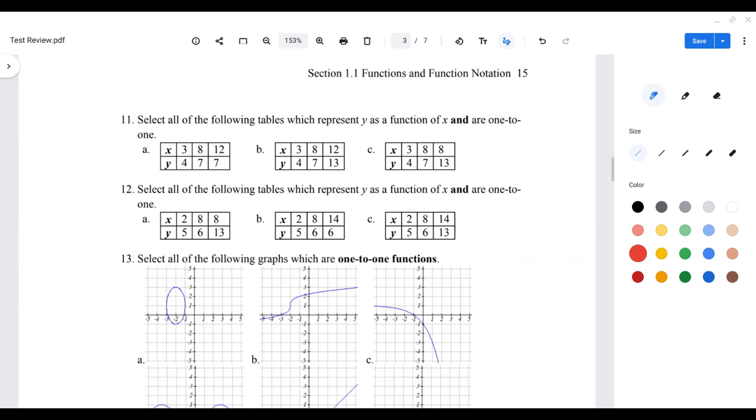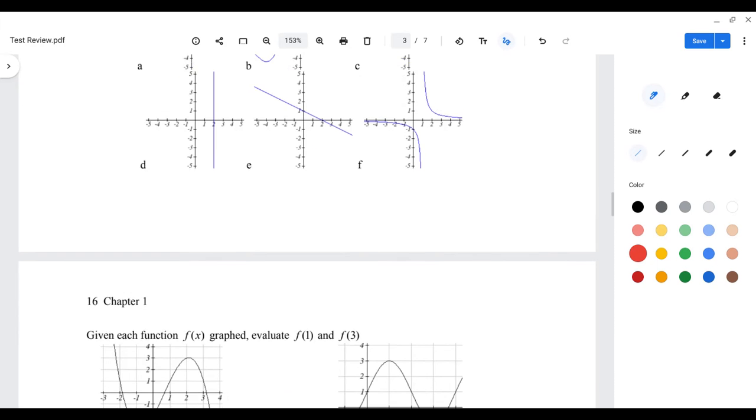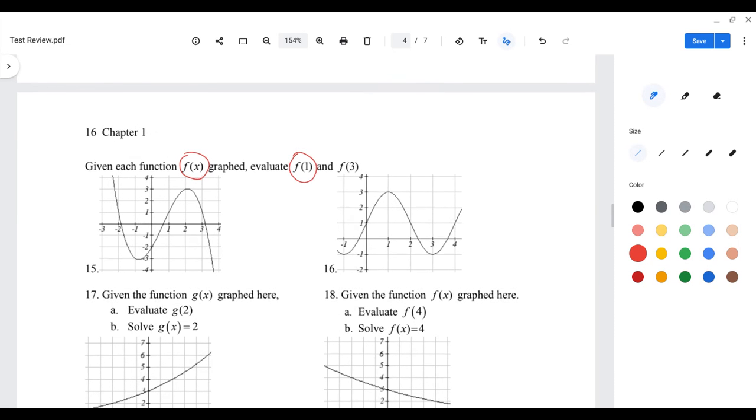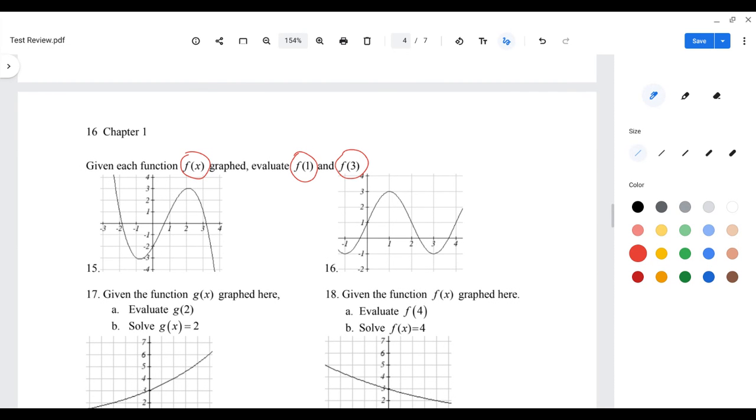The next question is number 15. Number 15, it says, given each function, which is the y, okay? This is the function. Evaluate f(1) and the function when x is 3.